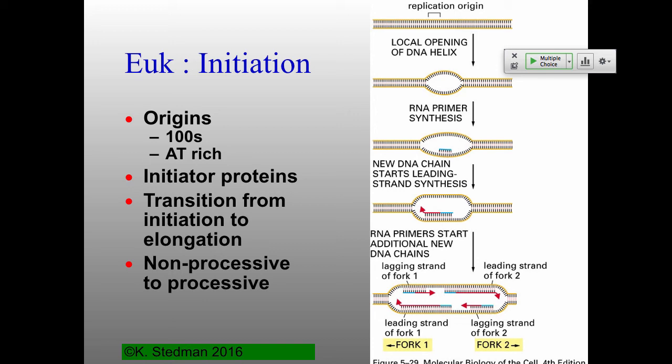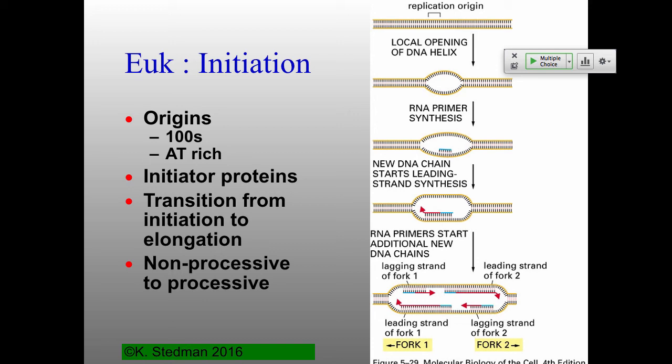Once you've done that, replication takes place at that position. In eukaryotes, there are literally hundreds of these origins, in fact thousands of them. They're basically hundreds of nucleotides that are usually rich in AT base pairs, which are easier to pull apart.